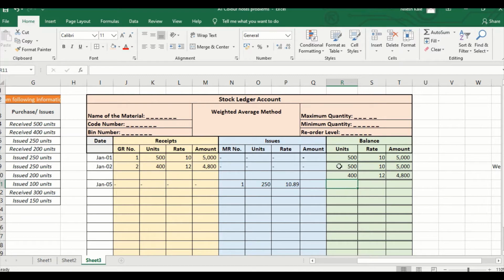I am left with 900 units minus 250. 900 units earlier I had, out of those 250 units are given. Therefore I will write 900 minus 250, that is 650 units I am left with. What is the price? 10.89. I have already calculated it, I don't need to calculate it again.